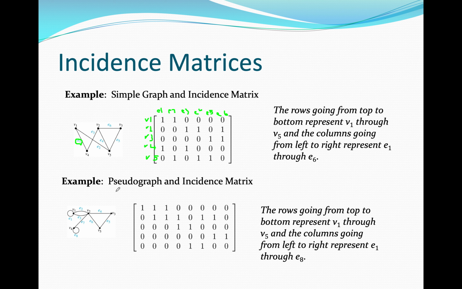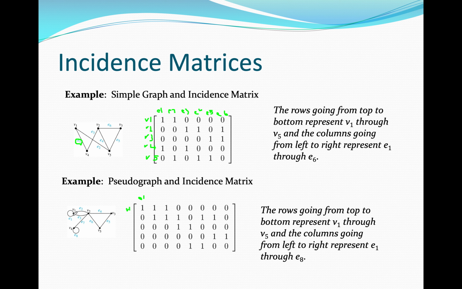So what about a pseudograph? Same for the rows here, it is V1, V2, V3, V4, V5. And for the edges, it is E1, E2, E3, E4, E5, E6, E7, E8. Alright, so now we check for E1.